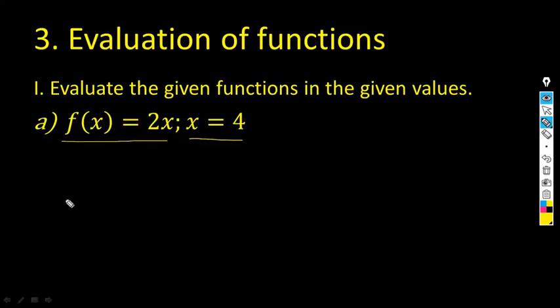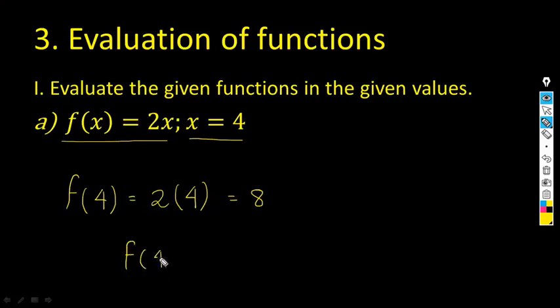So all we have to do is substitute the value of the argument in here and also in here, right? So f of 4 equals 2 times 4, which is 8. So in the end, f of 4 equals 8.